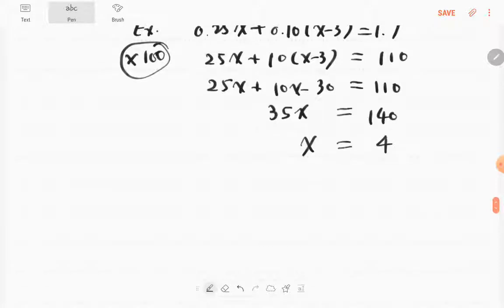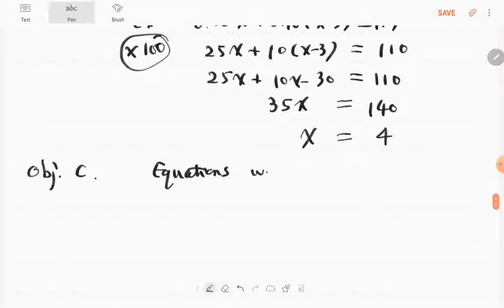Okay, so the next objective is about finding equations with no solution.